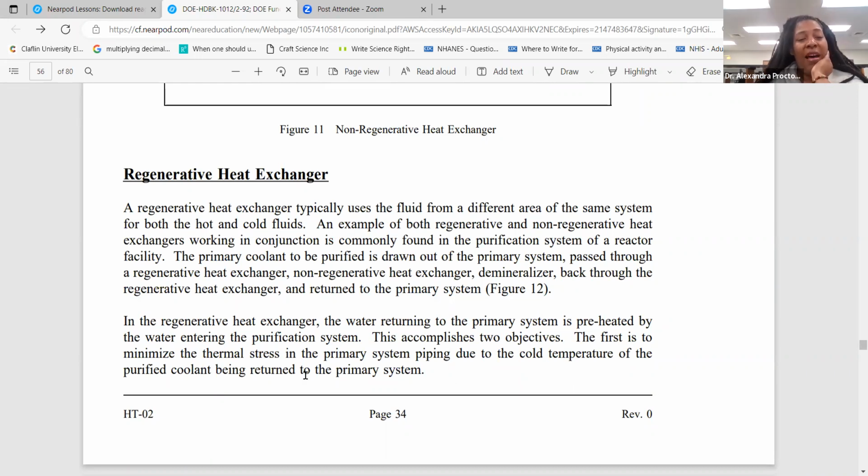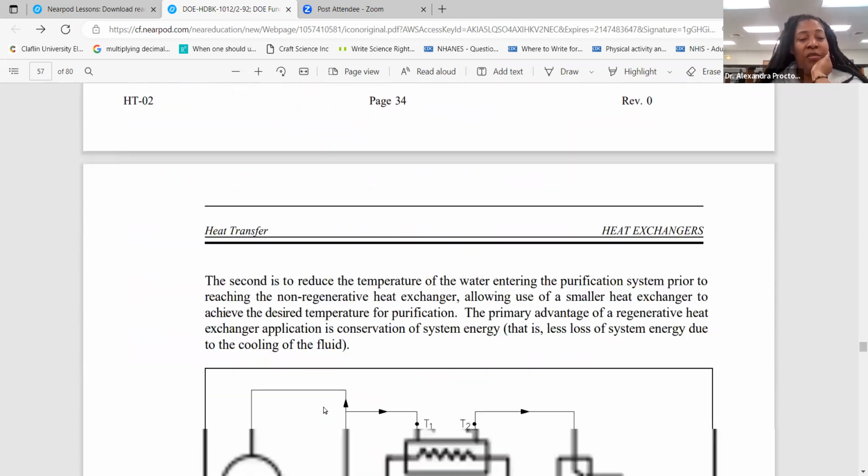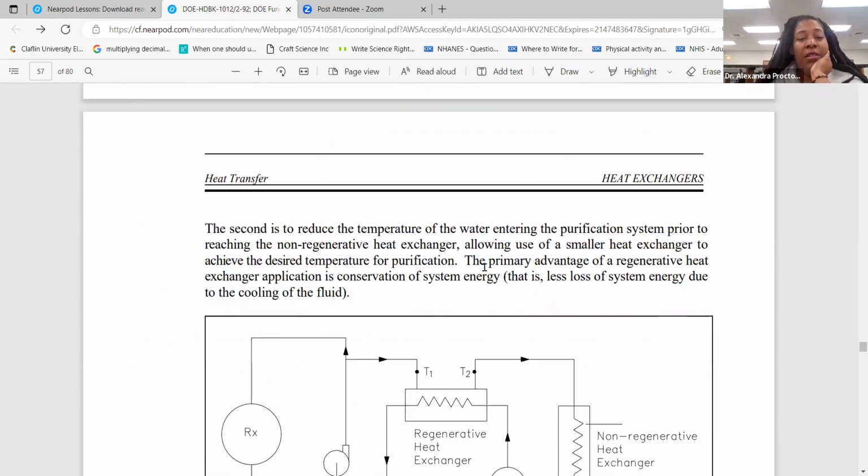First, you minimize the thermal stress in the primary system piping due to the cold temperature of the purified coolant being returned to the primary system. Second, you reduce the temperature of the water entering the purification system prior to reaching the non-regenerative heat exchanger, allowing the use of a smaller heat exchanger to achieve the desired temperature of purification.